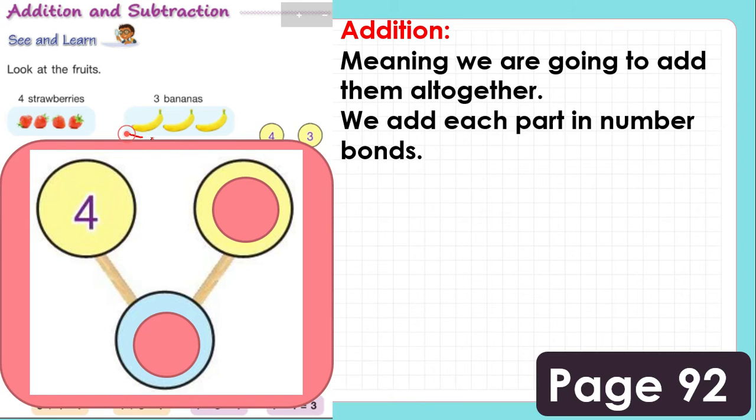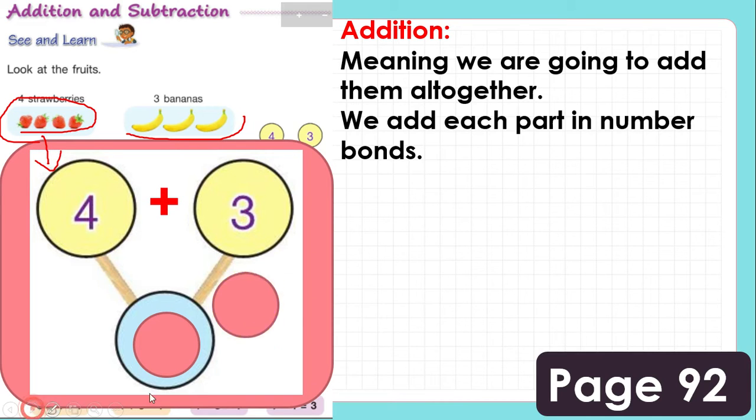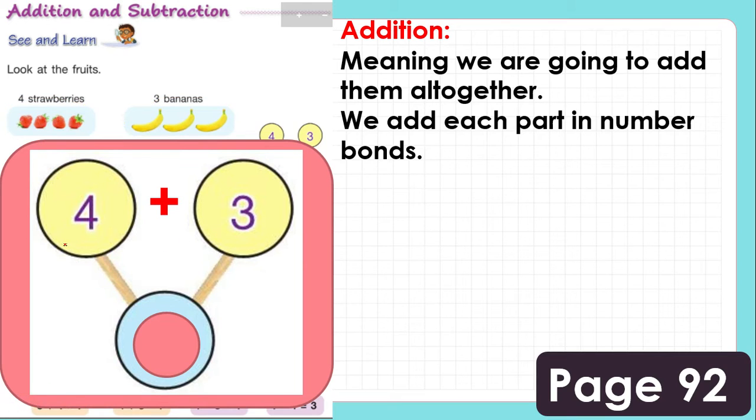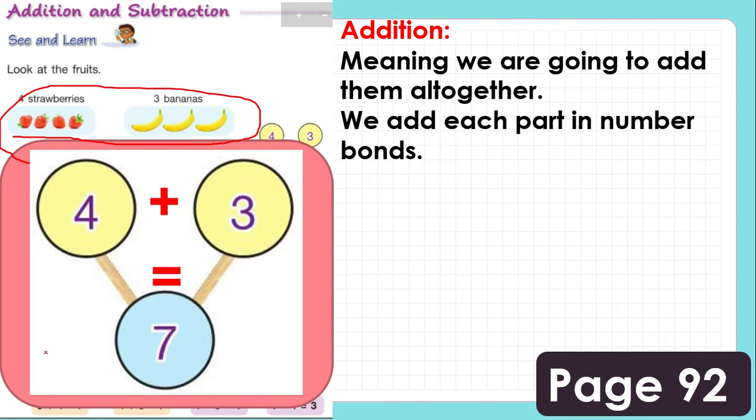We have here 4 strawberries and 3 bananas. If you put them together, what will we do? You're going to add. So 4 plus 3 equals 7. You're going to put all the bananas and the strawberries all together. So 4 plus 3 equals 7.